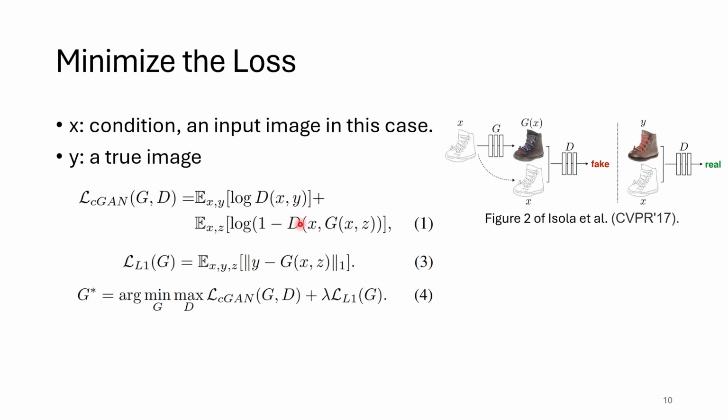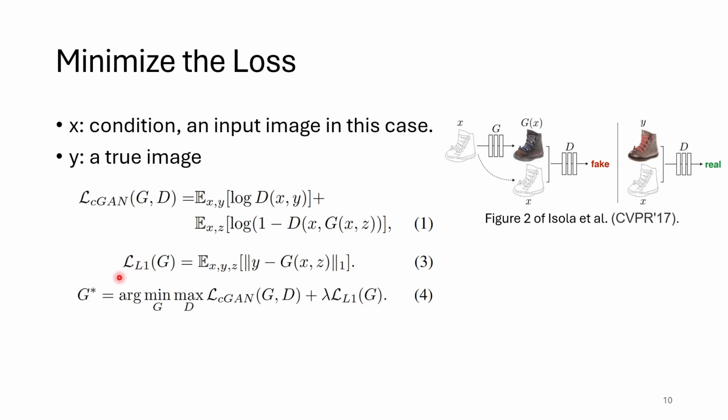If it is a fake image, meaning the image is generated, then the discriminator will generate a value close to 0. So the 1 minus 0 will become 1. This will be the loss. It means if the discriminator cannot tell whether it is a fake or real image pair well, then the loss will become larger. So they try to minimize the loss as much as possible.